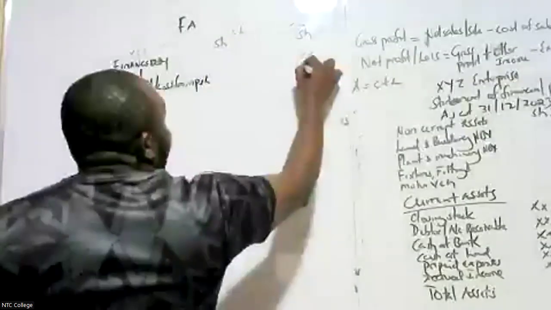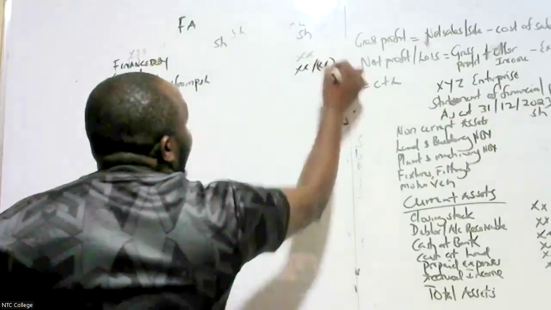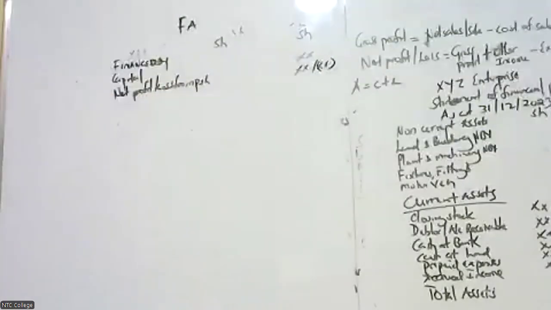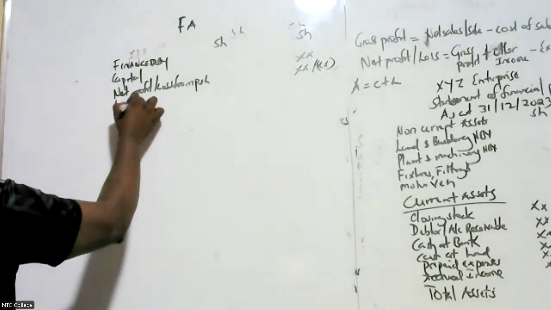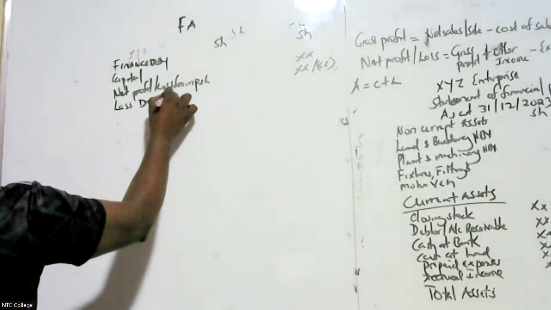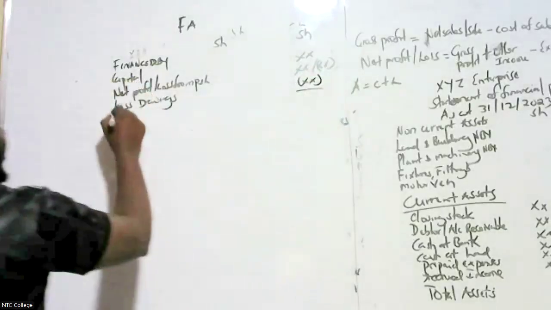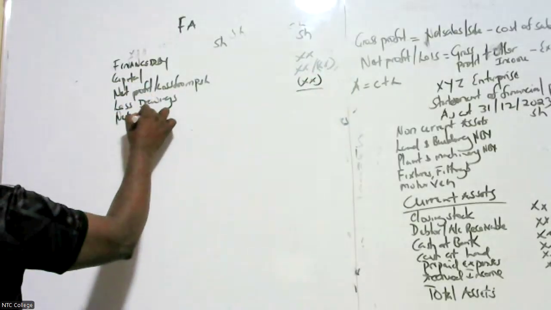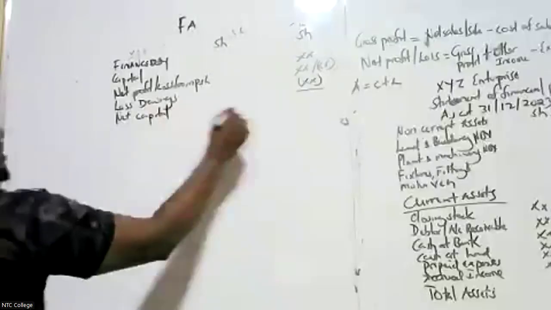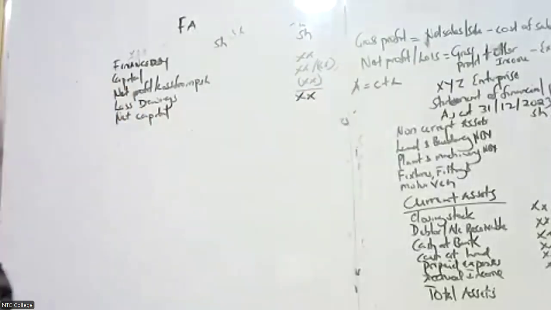If it's a profit, we add. If it's a loss, we are going to less. Then we say less drawings. Then at this end, you have what's called net capital down here.